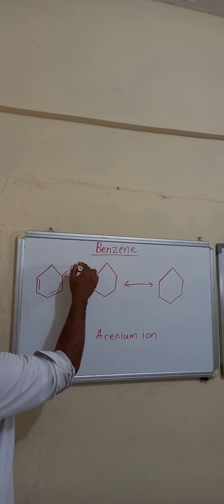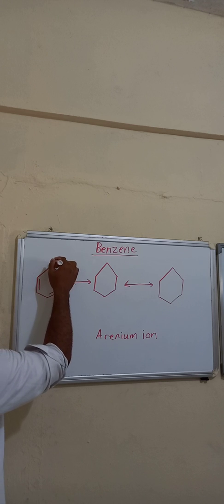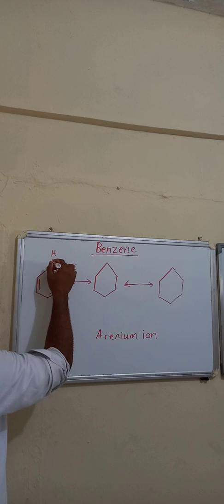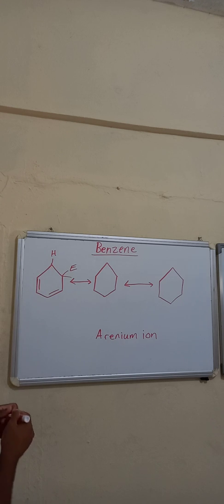So if we add an electrophile, this carbon here only has 1, 2, and the bond with hydrogen, that's 3 bonds, right? So we know that this carbon here is going to develop a positive charge.